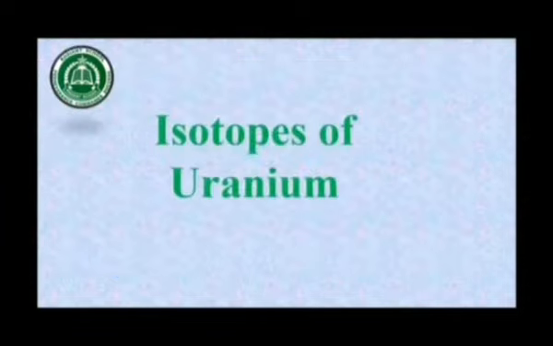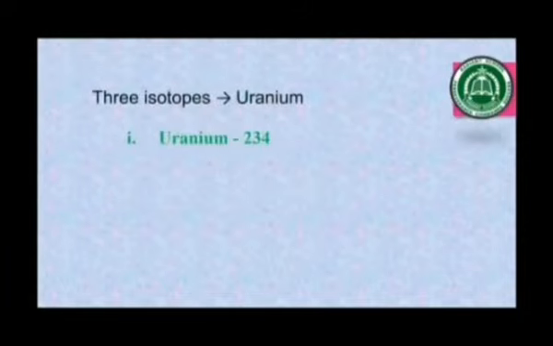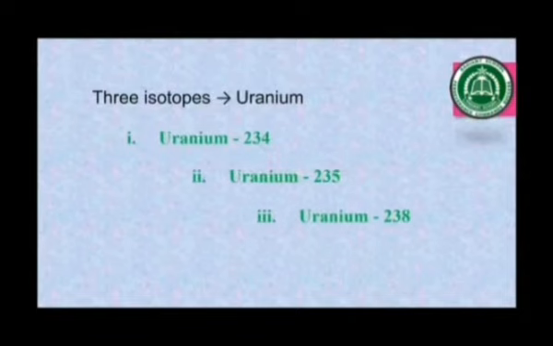The next isotopes are the isotopes of uranium. There are 3 isotopes of uranium: uranium-234, uranium-235 and uranium-238. These 234, 235 and 238 are the mass numbers of the 3 isotopes of uranium.